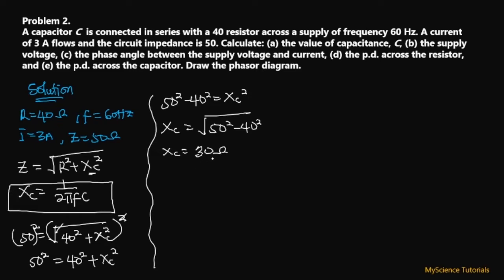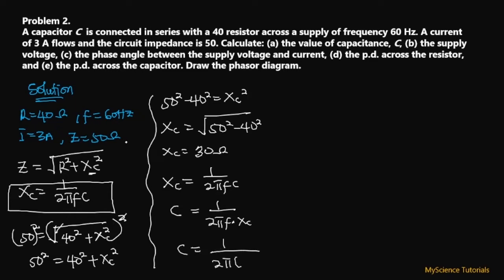Now that we have our 30 ohms, we know that XC is equal to 1 over 2 pi FC. If we make C the subject, we are going to have C equal to 1 over 2 pi F multiplied by XC. So C is equal to 1 over 2 pi, our frequency is 60, multiplied by XC, which we just found to be 30.